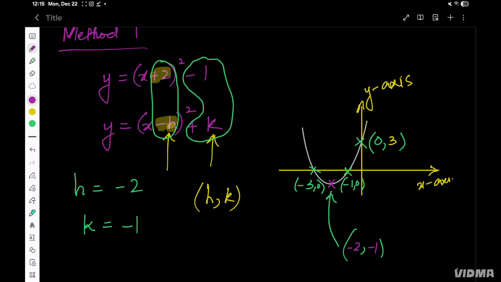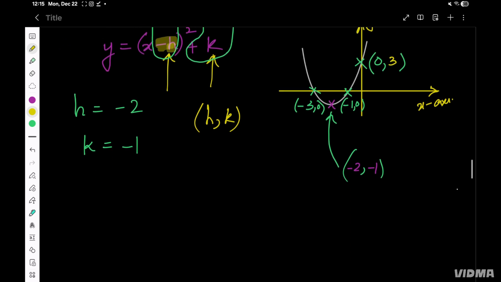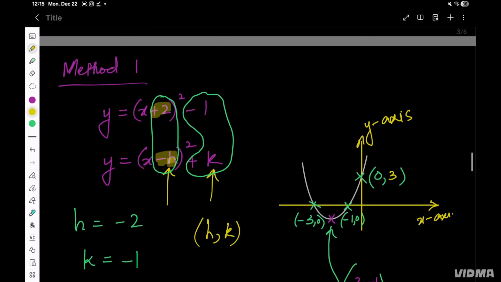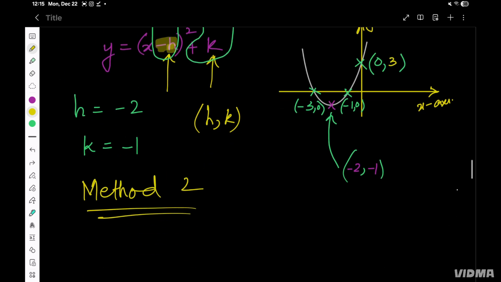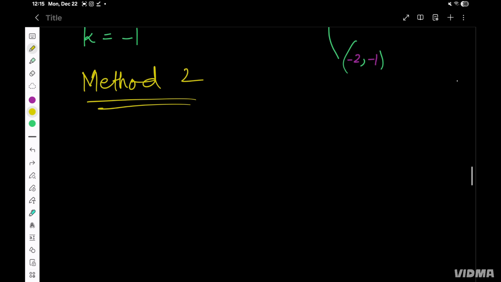Okay, let's see method number 2. Some students forget this thing, and it becomes difficult for them to compare. So we have another method.